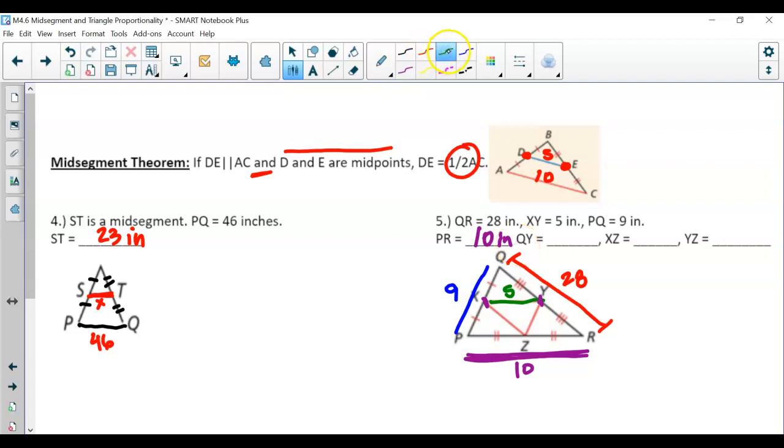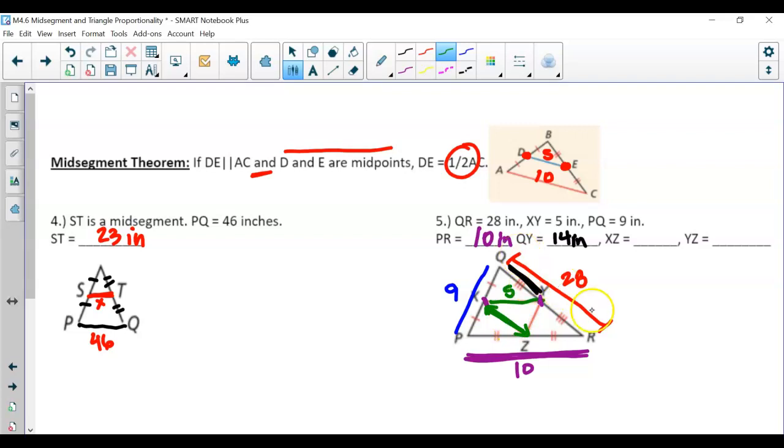So then QY, here we go. QY is this section here, which is, if you think about it, half of 28, because Y is the midpoint. So that's why QY is 14 inches. Then XZ is here. What is XZ parallel to?